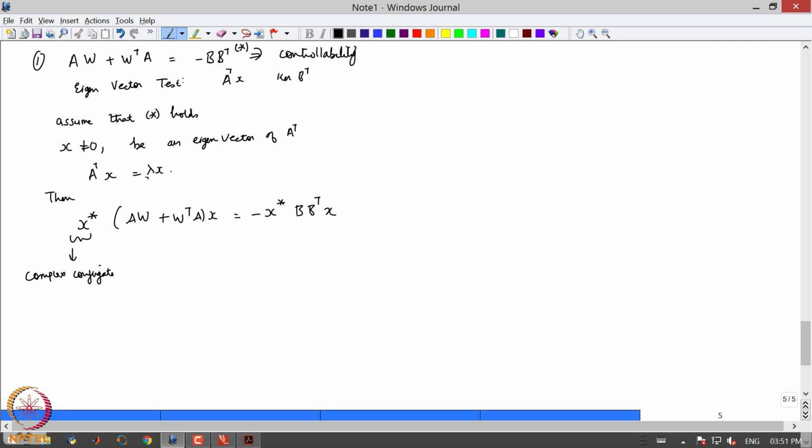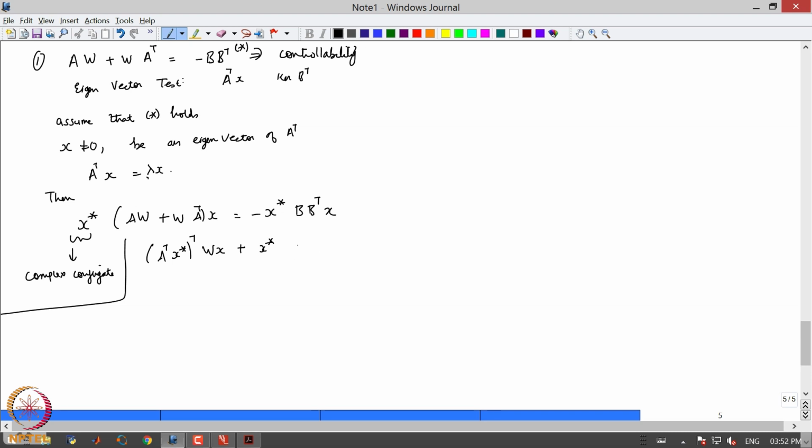Now, if I write the left hand side carefully, I have (A transpose x) star, the whole thing transposed, times W x, plus x star W A transpose x. Okay, sorry, there is a little mistake here. This is W A transpose, this is also W A transpose.